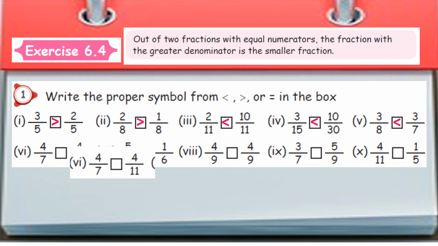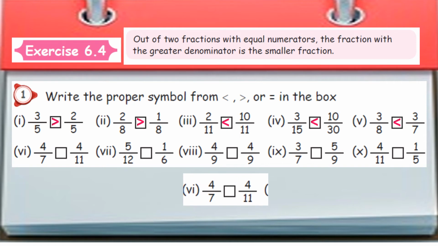Here is the checking part. First we have selected 4 by 7, and here I am going to multiply with 11. So 4 by 7 into 11 by 11 is equal to 44 by 77.